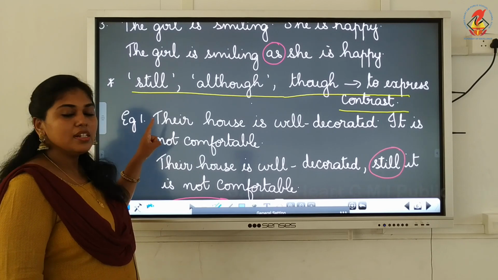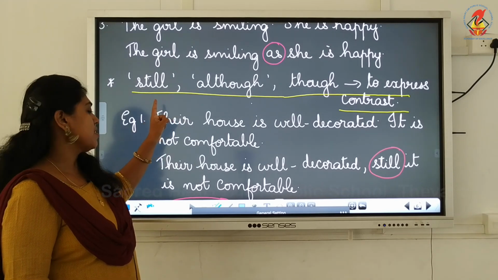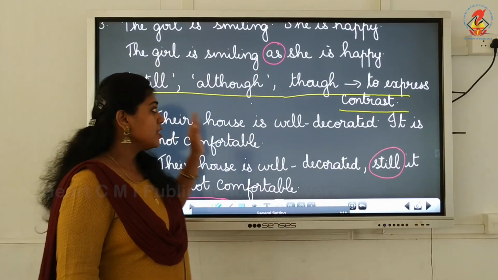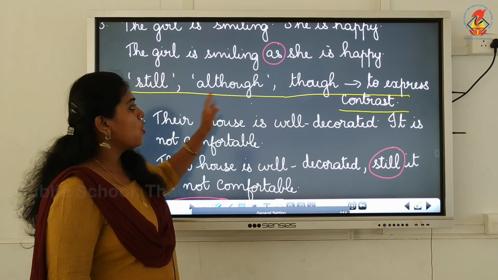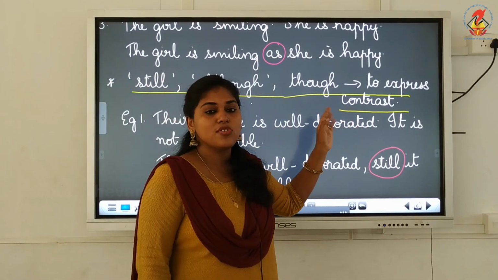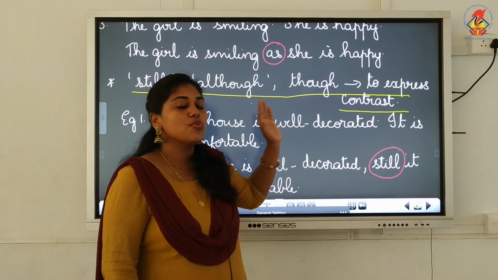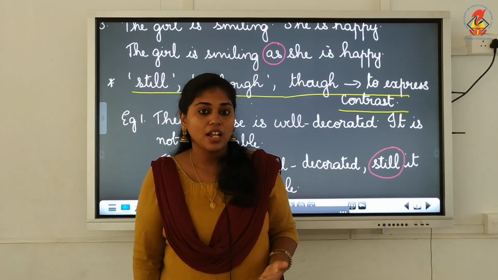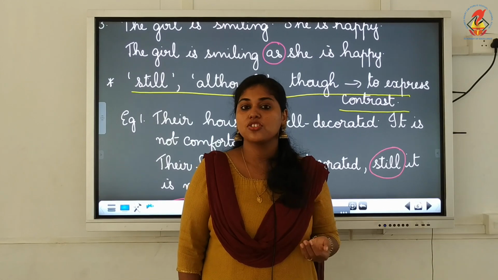Now the next set of conjunctions are still, although, though. Okay, these three conjunctions mean the same thing. Still, although, though. Even though also comes under this category. So when do we use these? To express contrast. We already learned in coordinating conjunctions that to express contrast, we use the conjunction but.